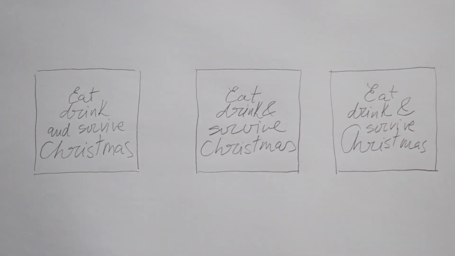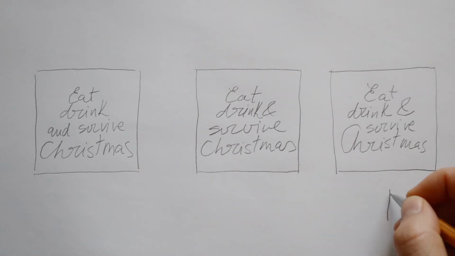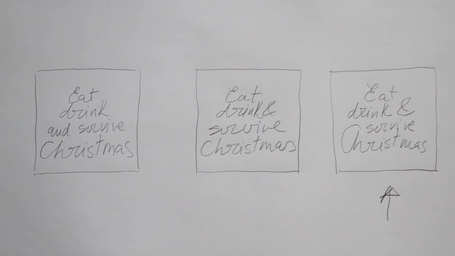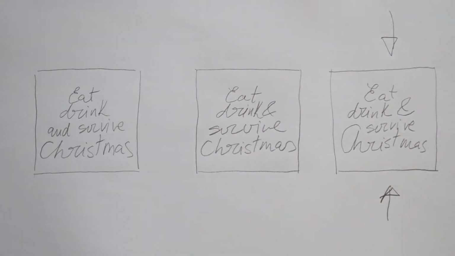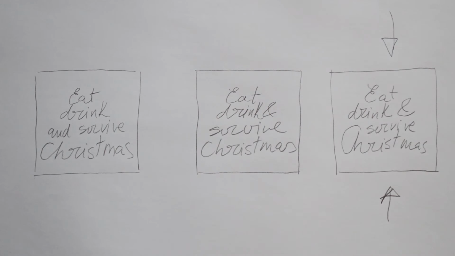Okay, guys, I think I'm going to pick the third option. From my point of view, it's a good idea to increase the size of the C and the H. Also, as Survive doesn't have ascenders nor descenders, the result looks great.